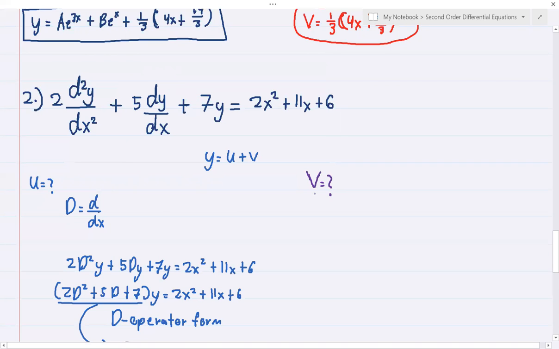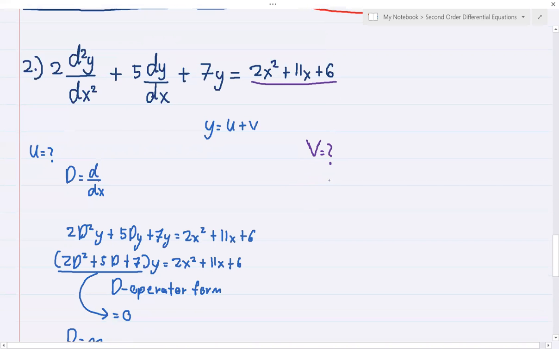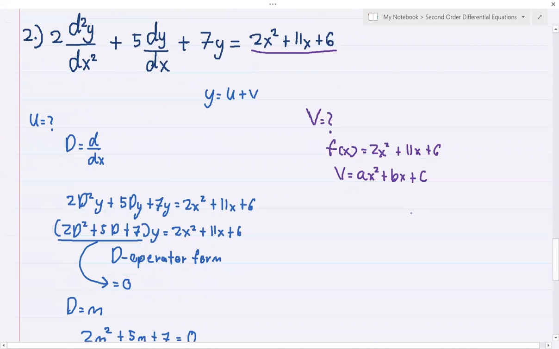So let's find your v. Since we have 2x squared plus 11x plus 6, let me rewrite it here. So your function is equal to 2x squared plus 11x plus 6. Therefore, your v would be ax squared plus bx plus c.